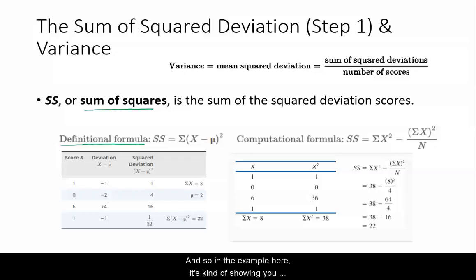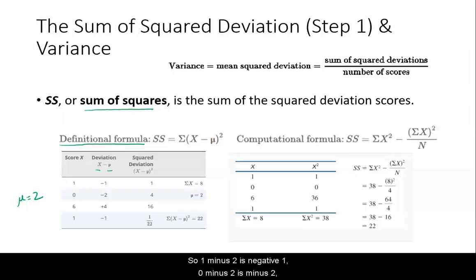In the example here, if I have a score of 1, and this particular population has a mean, or mu, of 2, then if I take that score and subtract the mean, I'm going to get these answers.